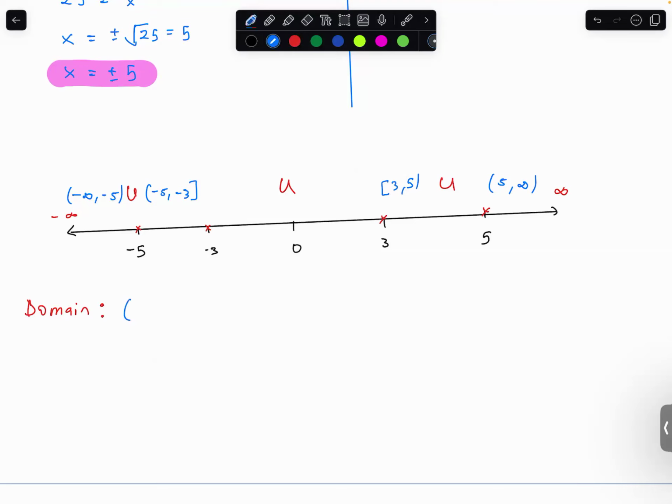So it's the combination between negative infinity to -5, union -5 comma -3 included, union 3 comma 5, union 5 comma infinity. Sorry, infinity. And this is the domain of the function.